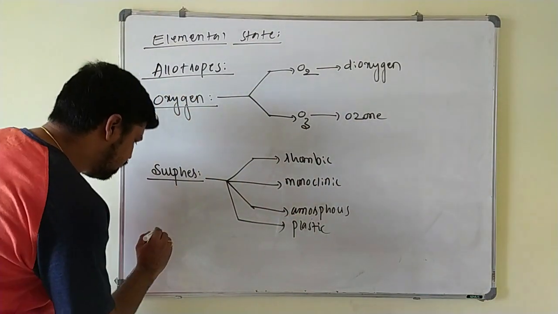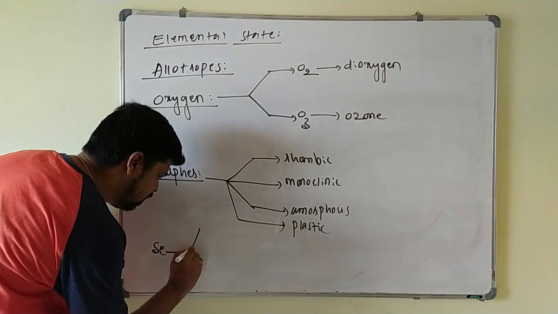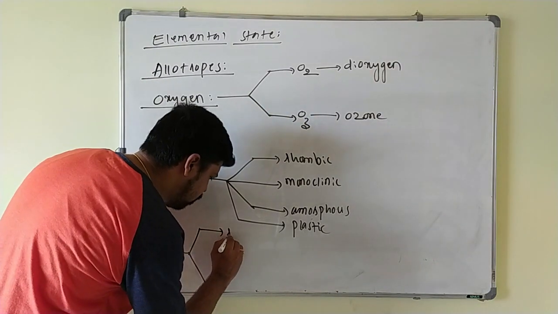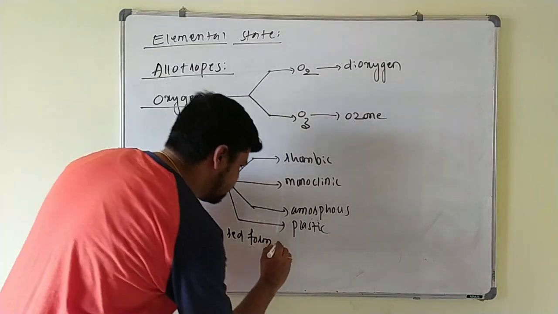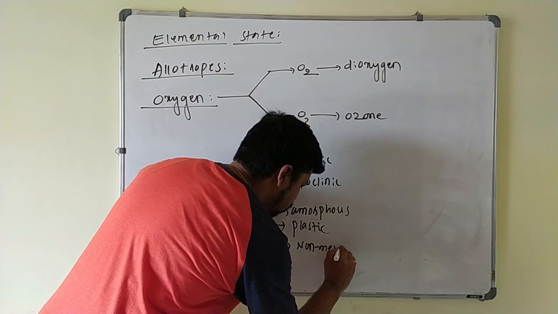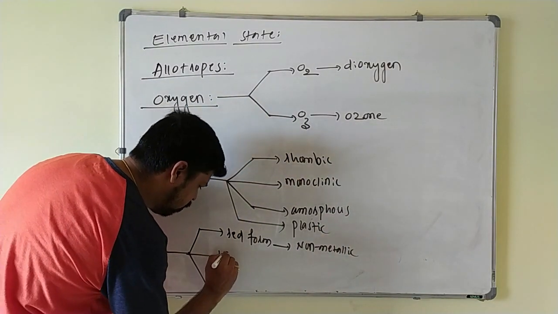Next one, selenium. This selenium shows three allotropic forms here. First one is the red form. This red form is non-metallic. Second one is the gray form.